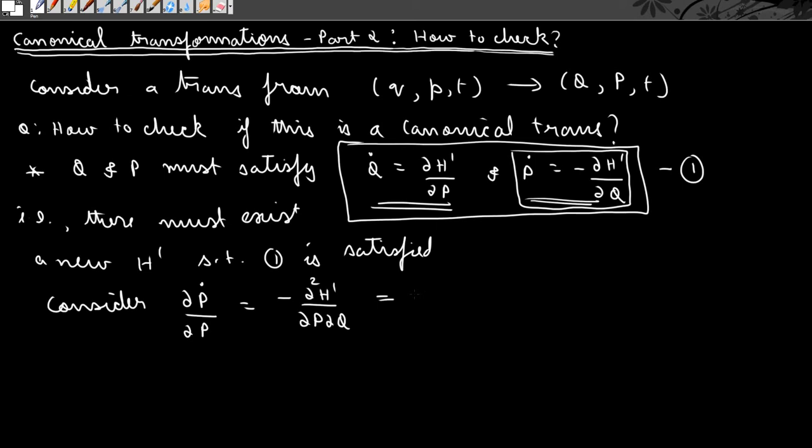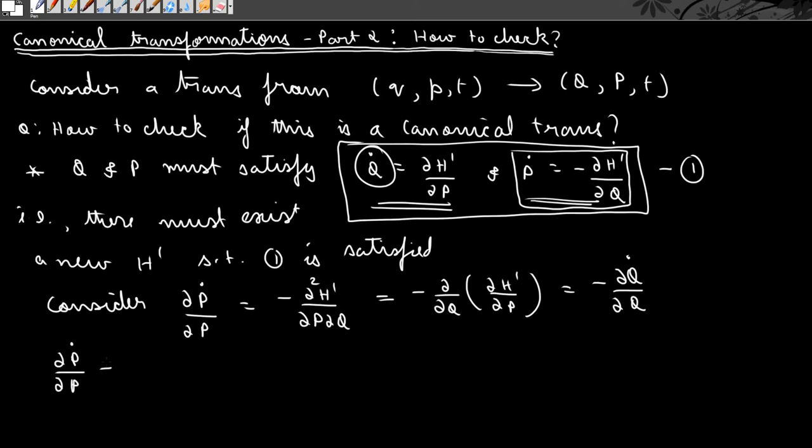So this is also equal to minus dou by dou q of dou h dash by dou p, but dou h dash by dou p is nothing but q dot, so this is equal to minus dou q dot by dou q. Let me call this equation 2, this particular relation.